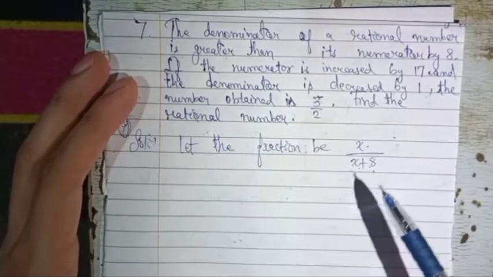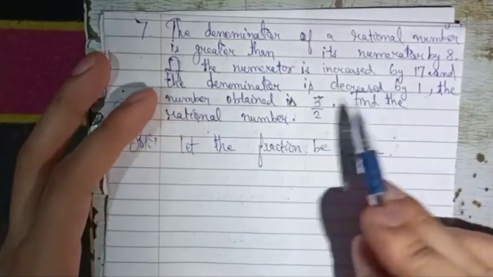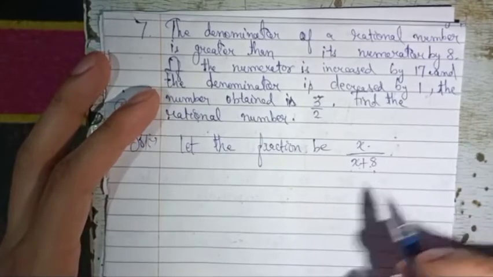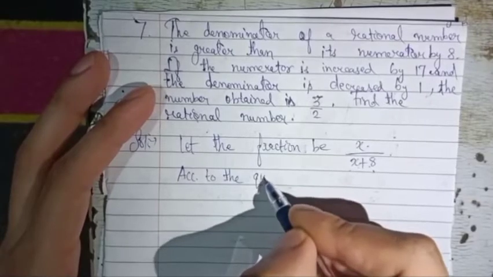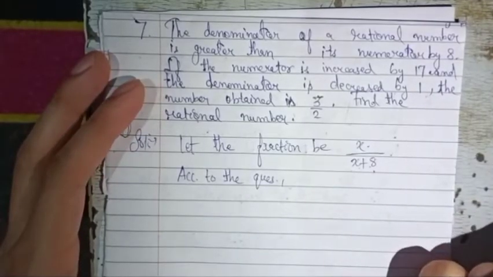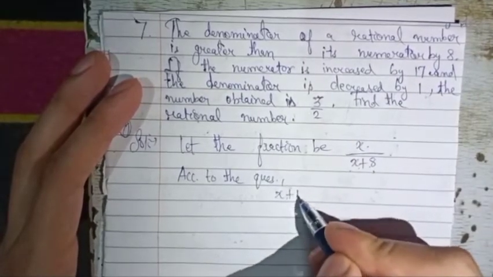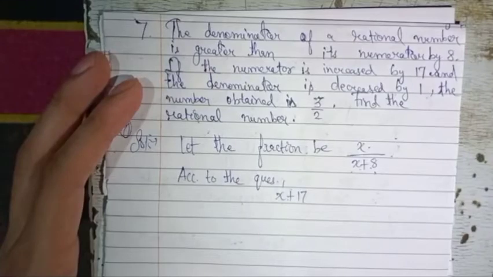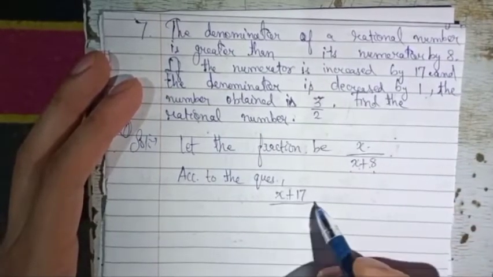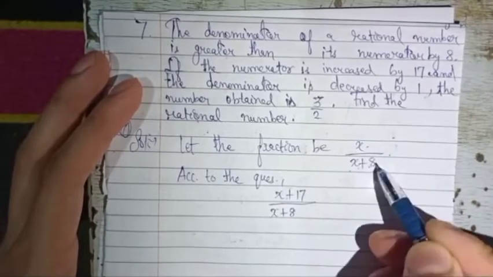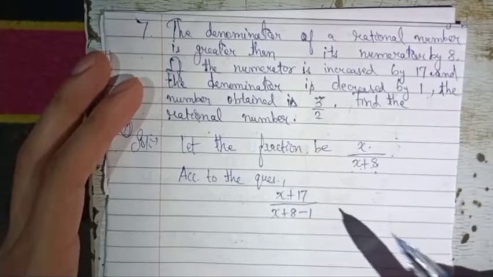So if the numerator is increased by 17 and the denominator is decreased by 1, the number obtained is 3/2. So according to the question, if the numerator is increased by 17, so x + 17, and the denominator is decreased by 1, so x + 8 is already the denominator and it is decreased by 1, so we will subtract 1 from the denominator.